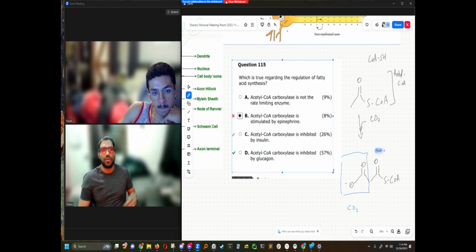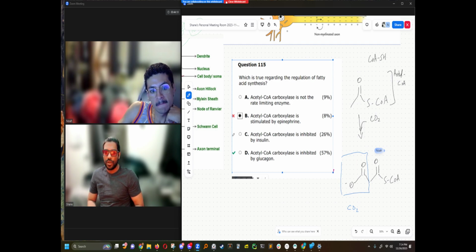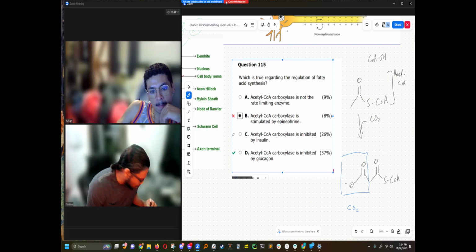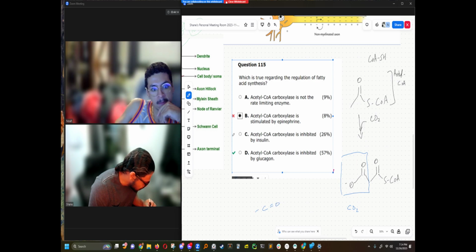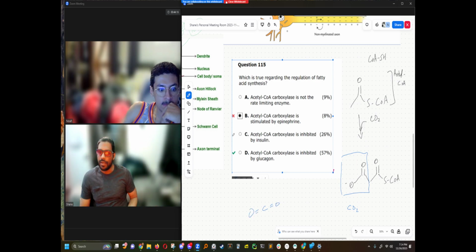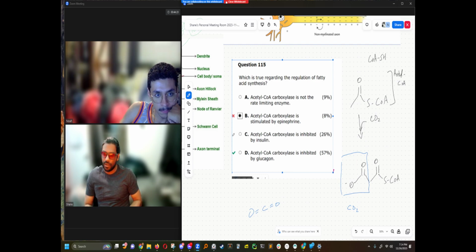Okay, cool. So that's what happens when you carboxylate something, because you're adding CO2, and CO2, by the way, looks like this. CO2 is a linear compound because of those double bonds to oxygen.